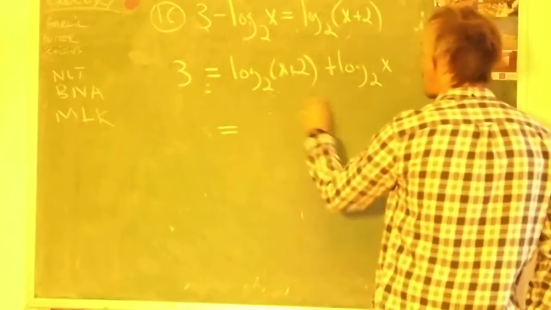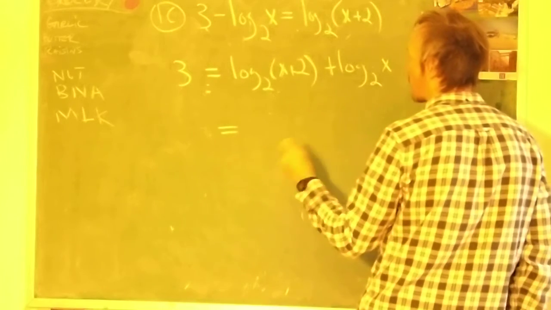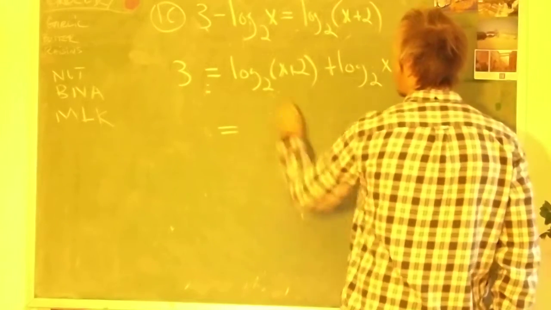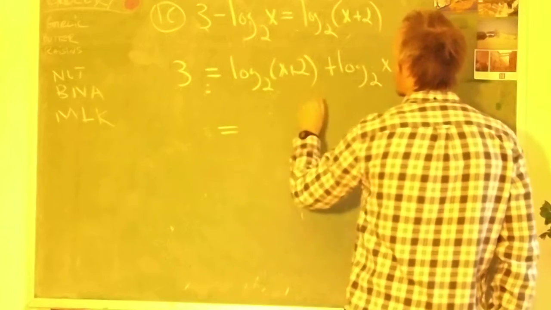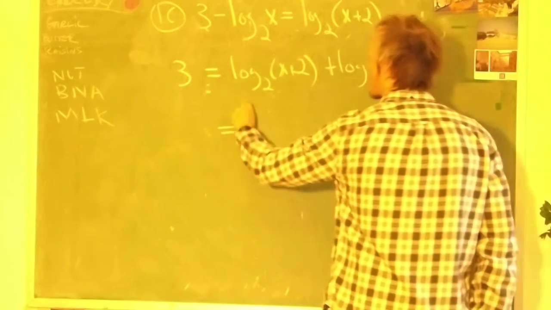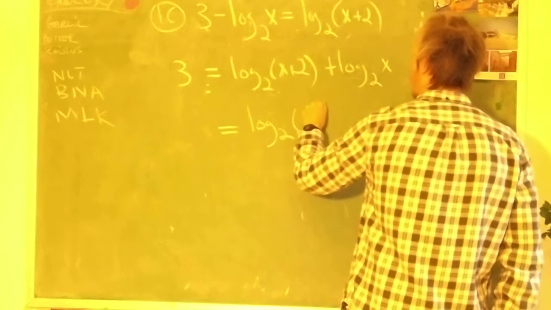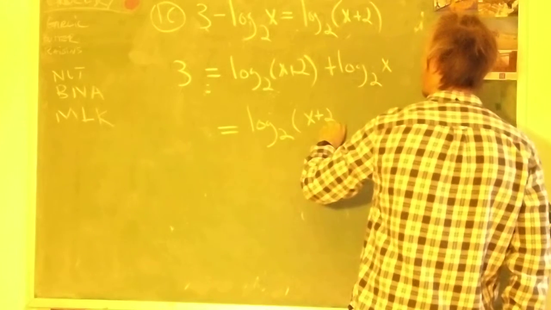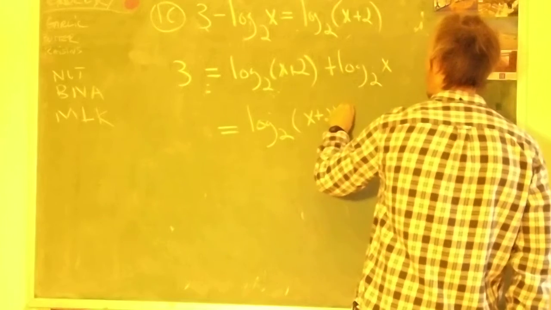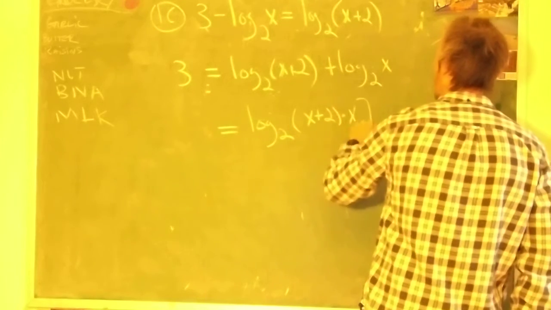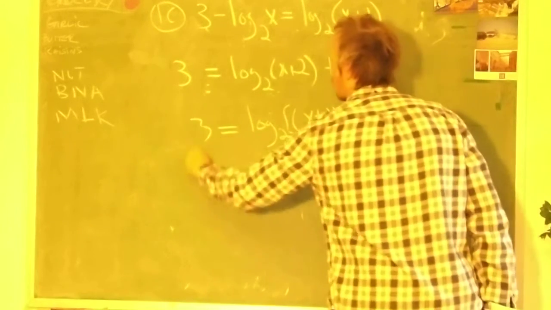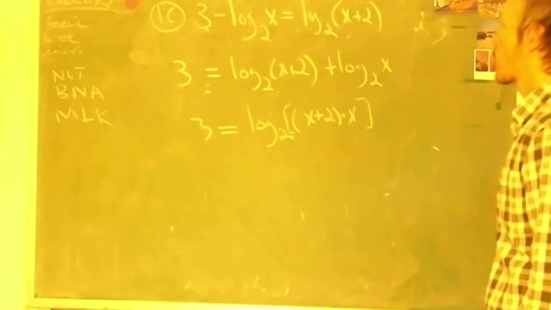Since these are both log base 2, if they weren't the same log base, then that would be a different story, but they're both log base 2, and so I can rewrite this as a product. So this is the same thing as x plus 2 times x, and then all of that is in the argument of the log expression.